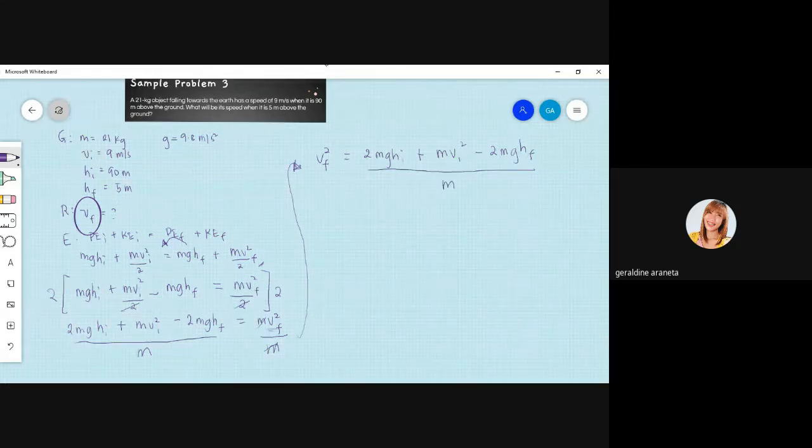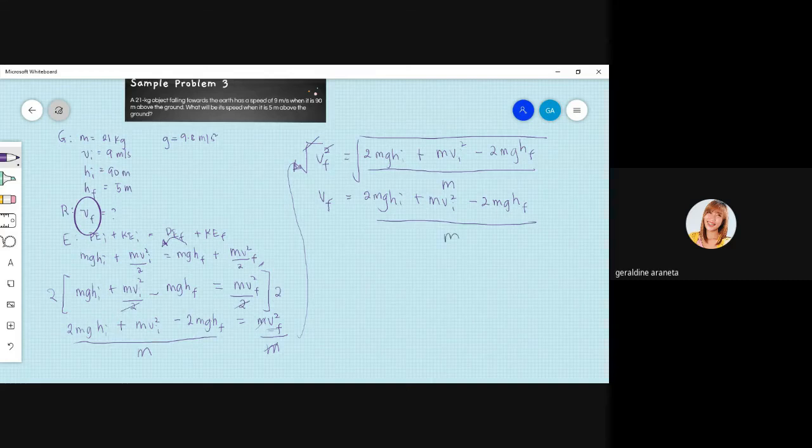So, para makuha natin yung V, kasi naka-square pa to, we get the square root of both sides. So, this will cancel. This will become VF is equal to the square root of 2MGHI plus MVI squared minus 2MGHF over m. Pwede na natin ngayon i-substitute to.